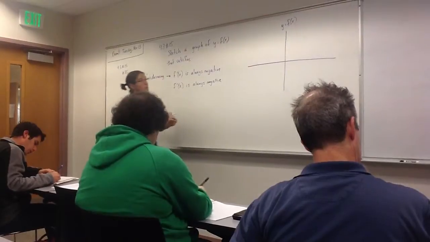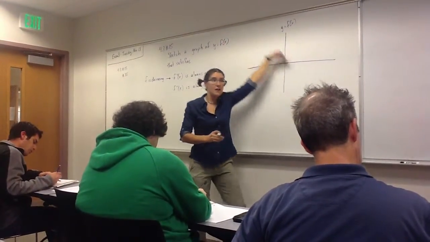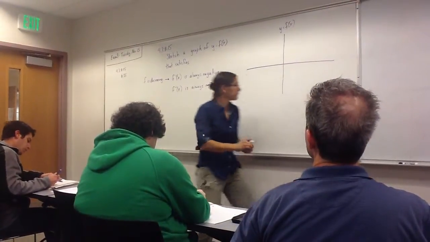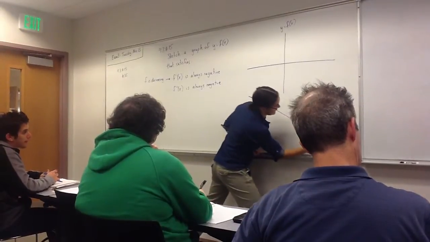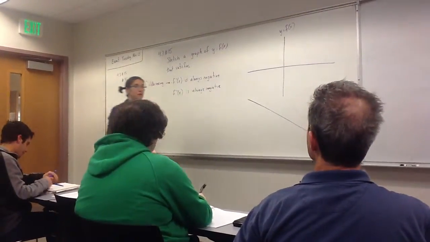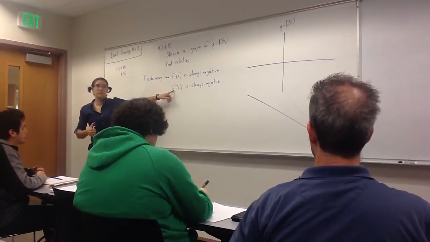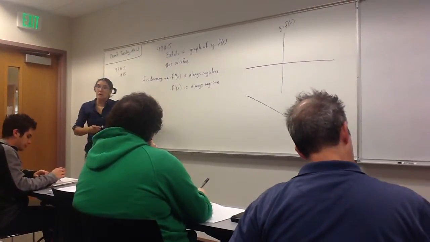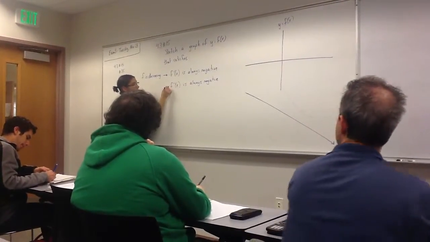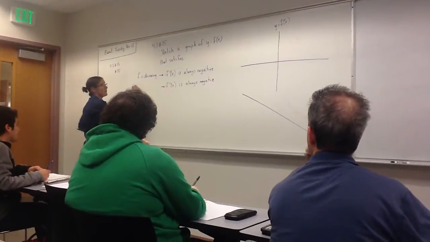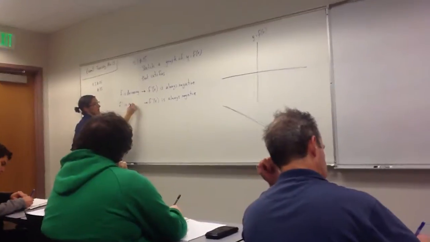So I know that the picture of the function that I'm going to draw here is going to be a function that's going to start high and work its way down. So based on just that information, all I know is that this is the direction that my function is going to go. Now f double prime always being negative, when f double prime is negative, that tells me that f prime is decreasing.